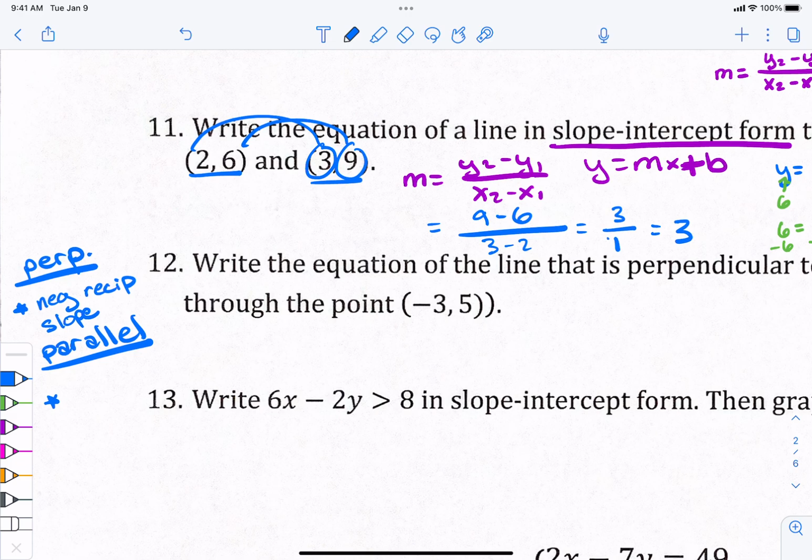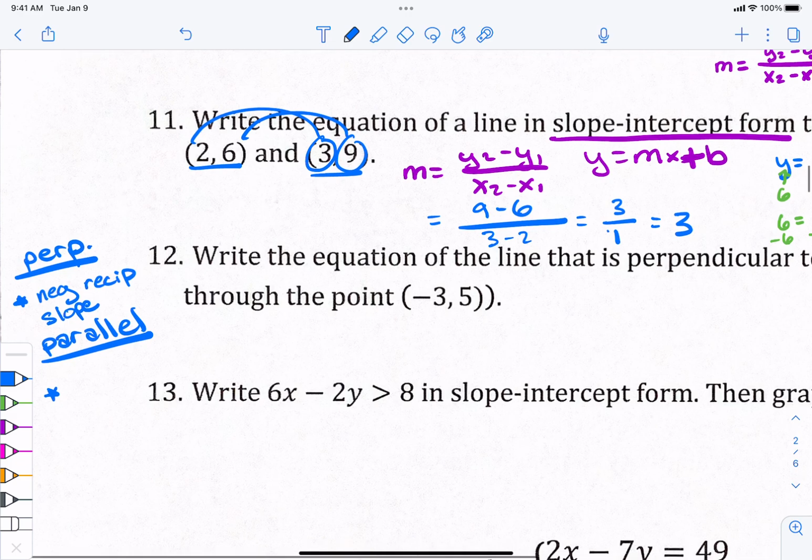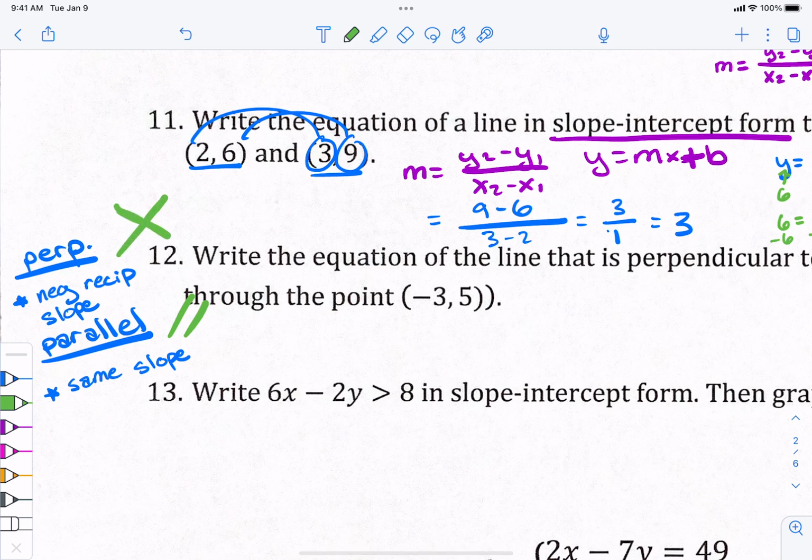So you flip them and you make them opposite sign, right? If the two lines are parallel, they will have exactly the same slope, right? Two lines that are parallel go like this, so they're going up and over at the same degree. Perpendicular is going to look like this, okay?